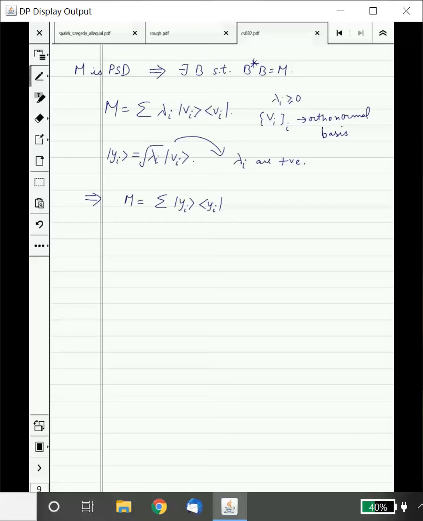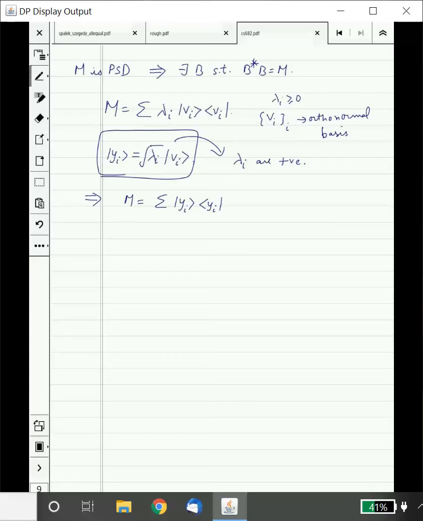We know that M is summation Yi Yi star, where I have defined Yi. I again want to decompose it into two parts. We noticed that this worked because Yi was square root of lambda i Vi.